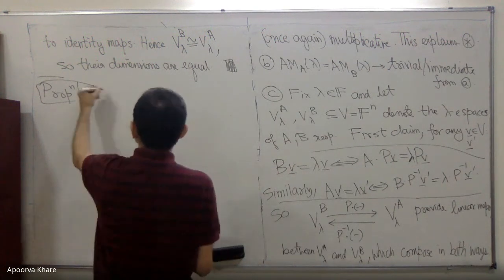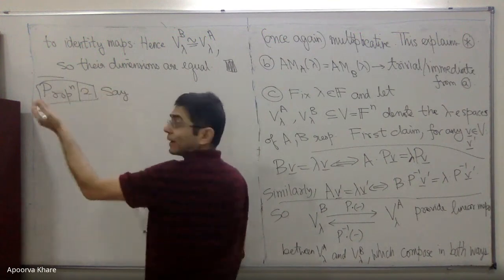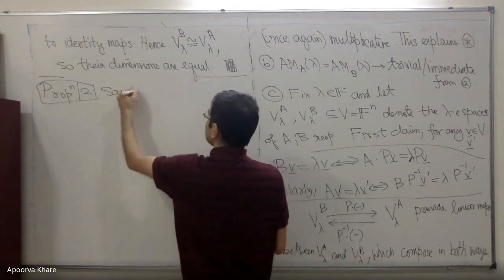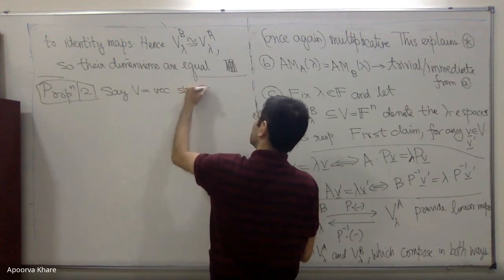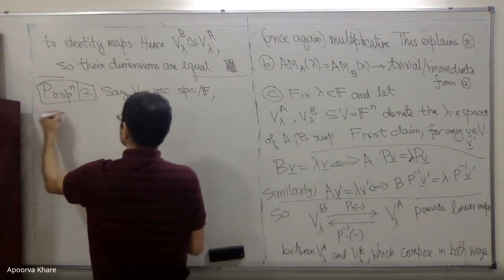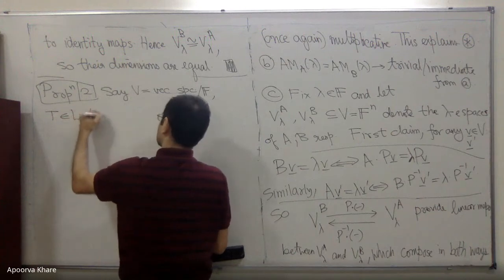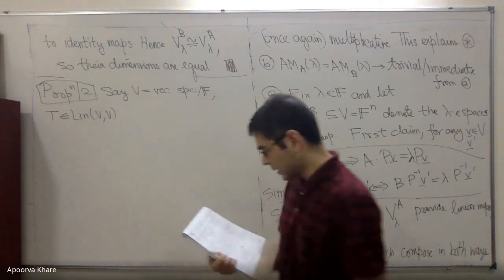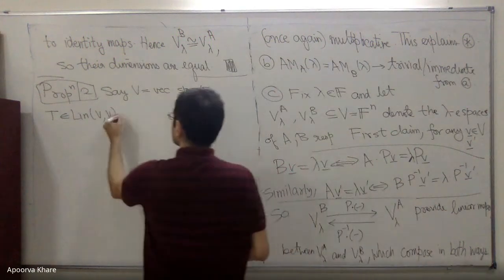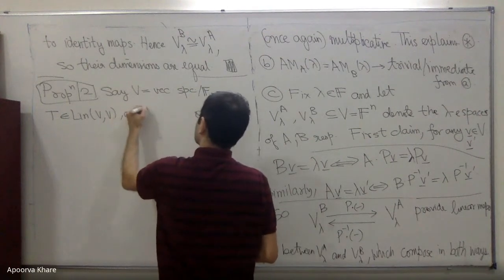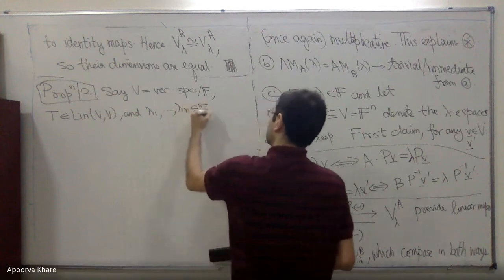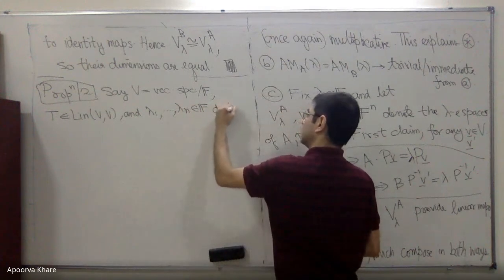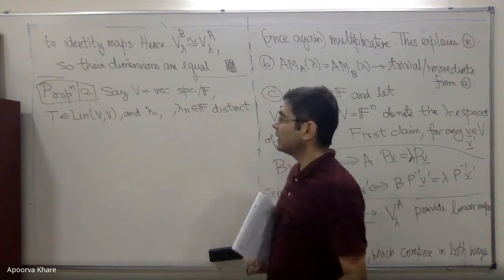Say V is a vector space over F. This time I won't ask for finite dimensionality. T is a linear map from V to V, and lambda 1 to lambda n are distinct, so these are n distinct scalars.